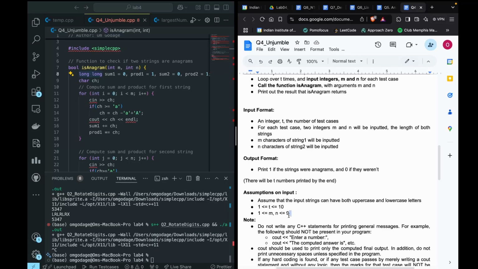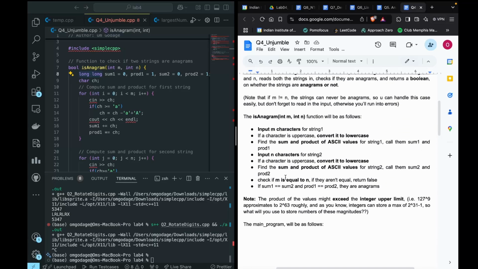In this case m and n are between 1 to 9. So in ASCII encoding, a character can have a maximum value of 127. It goes from minus 128 to 127, right?